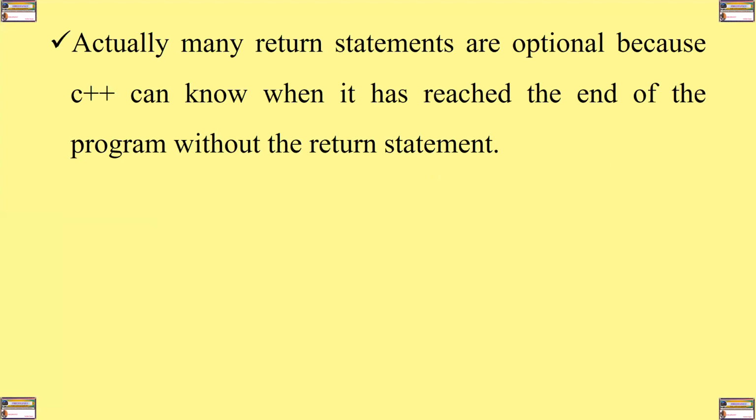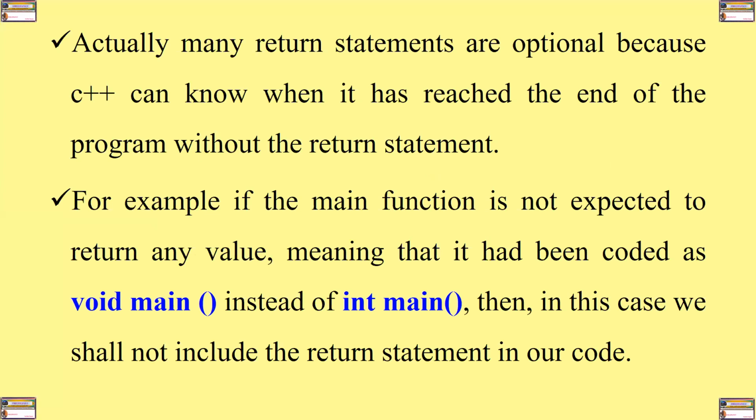Actually, many return statements are optional, as C++ can know when it has reached the end of the program without the return statement. For example, if the main function is not expected to return any value, meaning that it had been coded as void main instead of int main, then in this case we shall not include the return statement in our code.